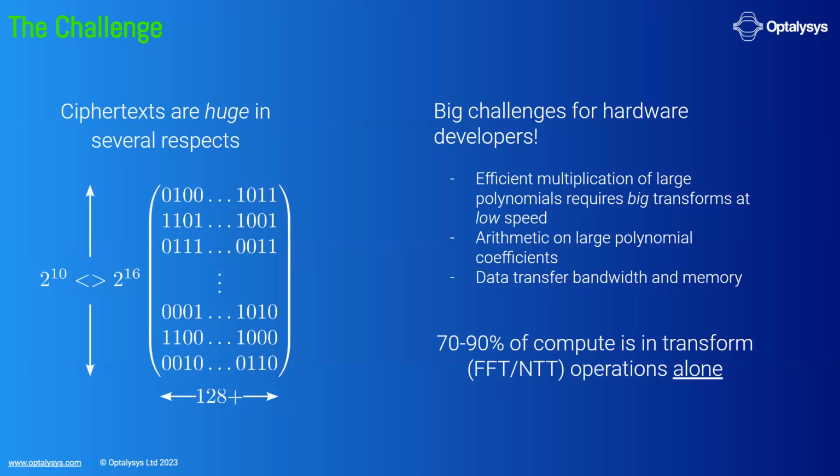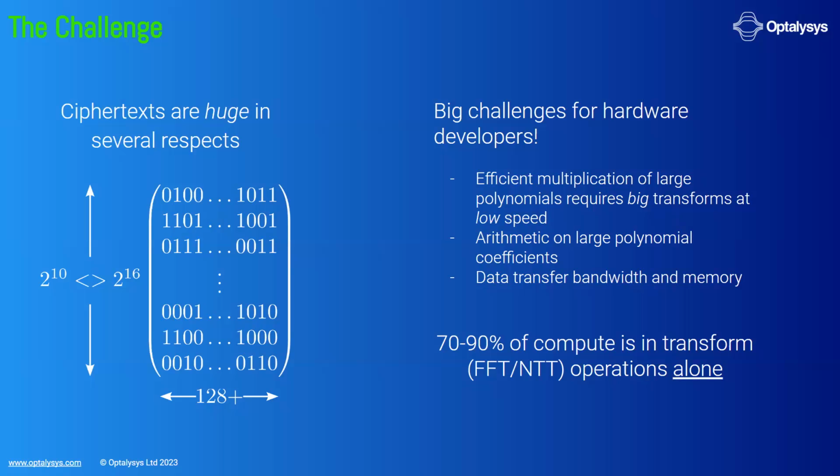These transforms, fast Fourier transforms or number theoretic transforms, depending on whether you are working on integer or floating point representations for the ciphertext, when applied to the ciphertext vector, allow us to perform an element-wise multiplication rather than a naive quadratic complexity multiplication. This is because we're using polynomials. So this is naturally the more efficient way of doing things.